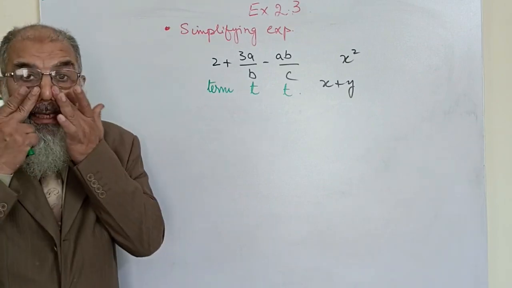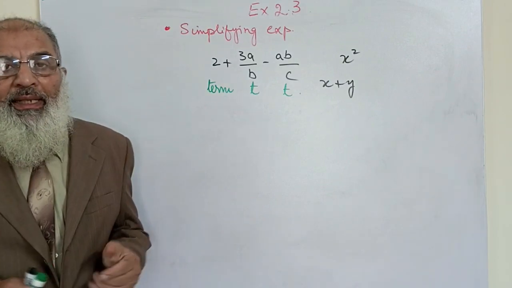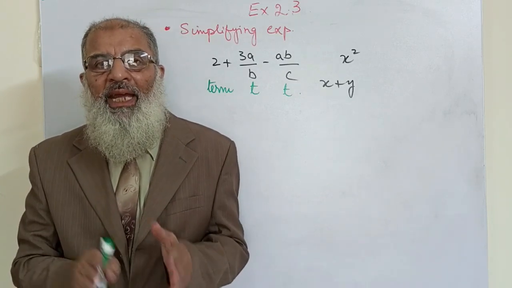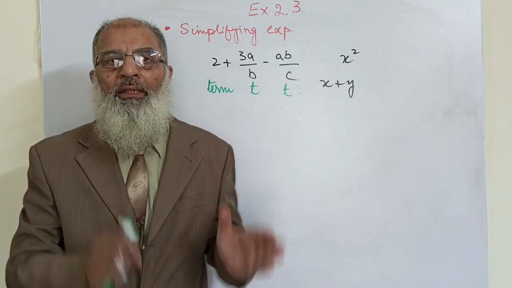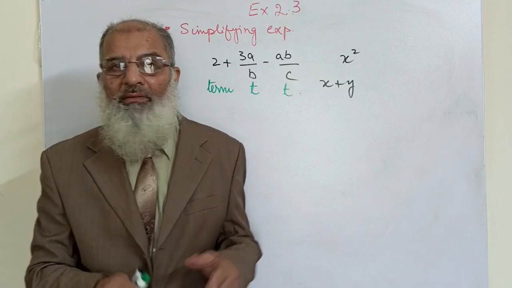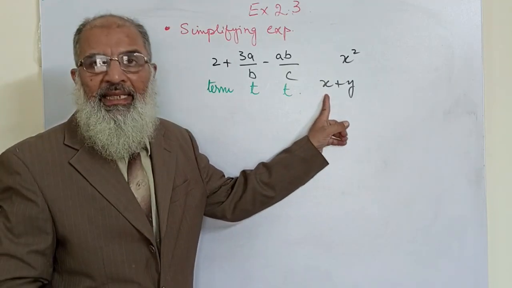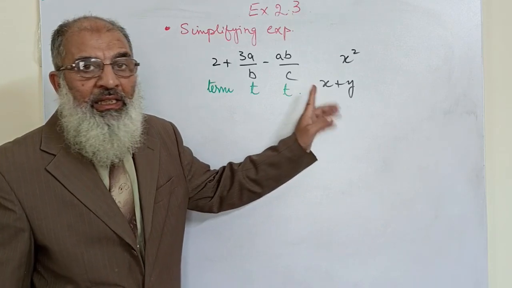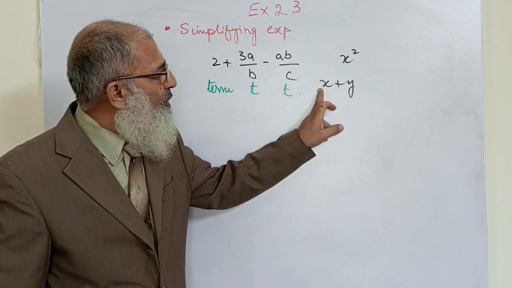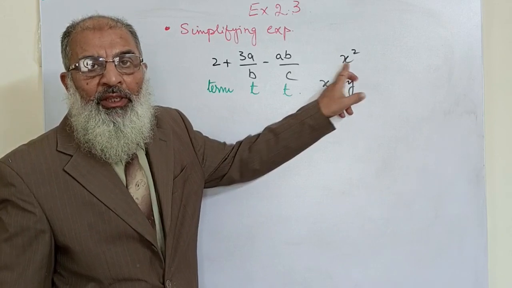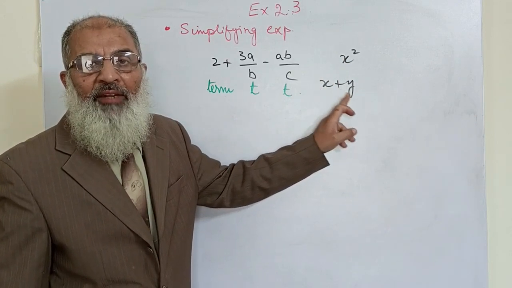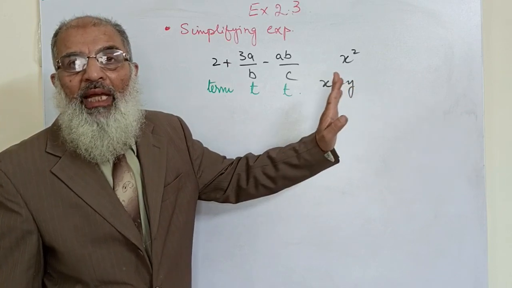Now as I told you, variables can be added or subtracted with like variables. I told you that x can be added with x. X cannot be added to x square. So y cannot be added to x, and y cannot be added to x square.